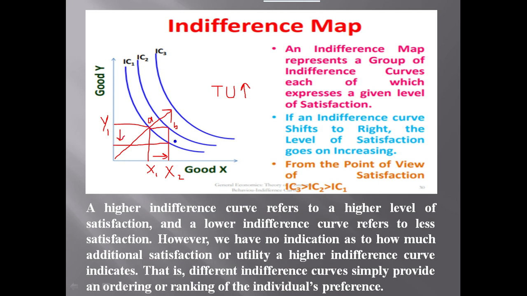Then the individual will be on the same IC. A and C, both points are on the same indifference curve, and both points show that the individual is getting a constant level of satisfaction from these two bundles.